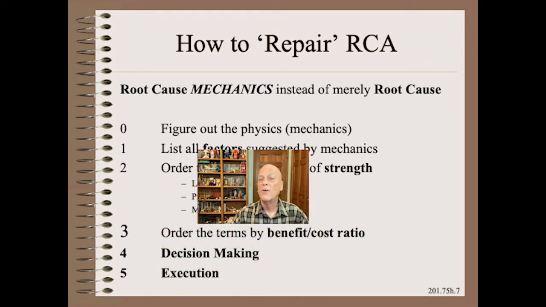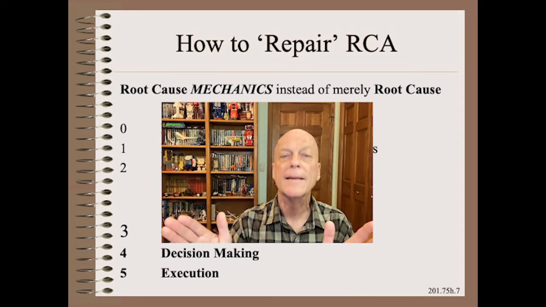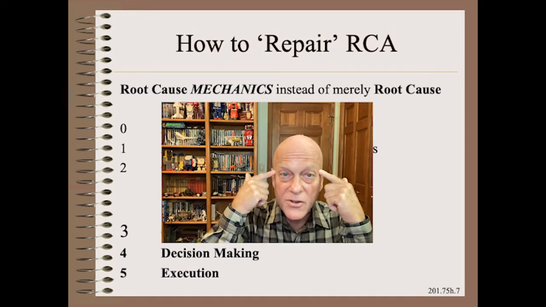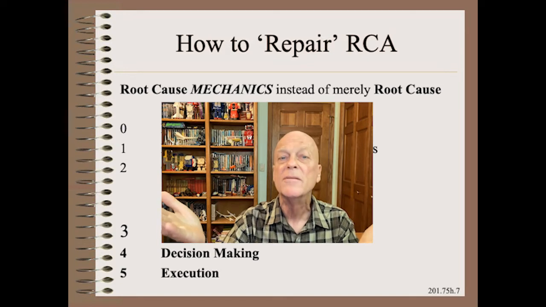Then we order the terms by benefit to cost ratio. This may be the most difficult because cost and especially benefits are sometimes hard to get. Finally, after all of this, we go to decision making and execution.